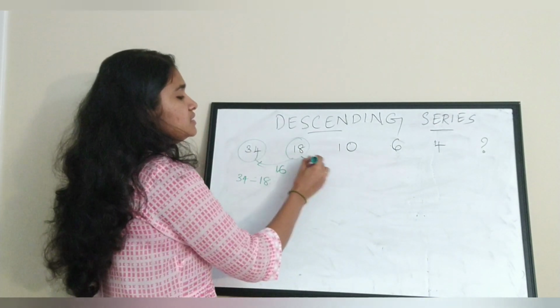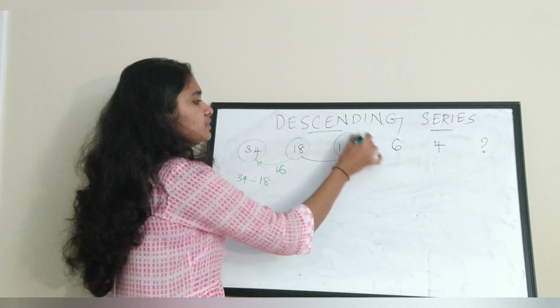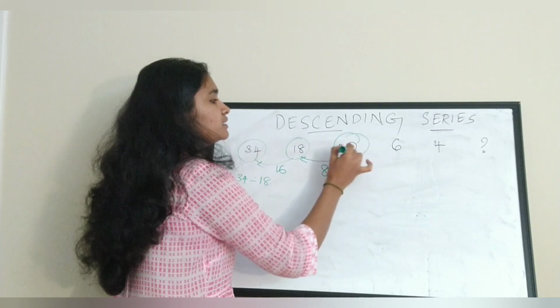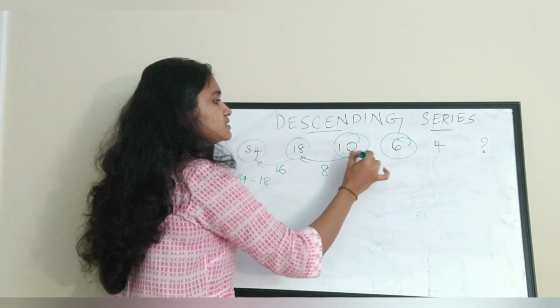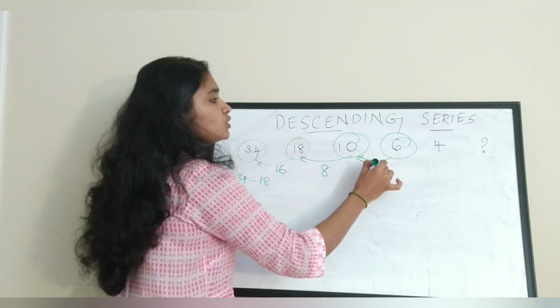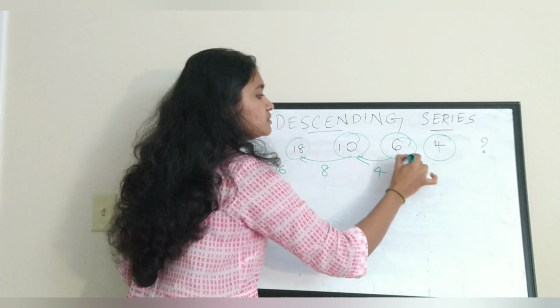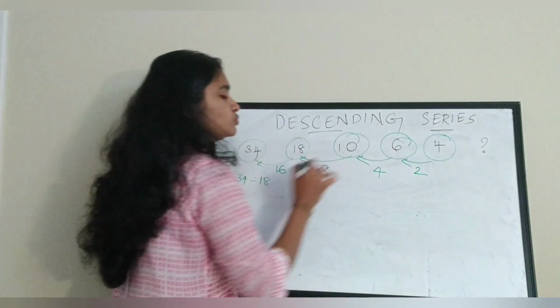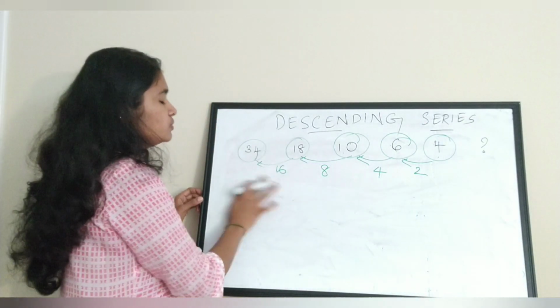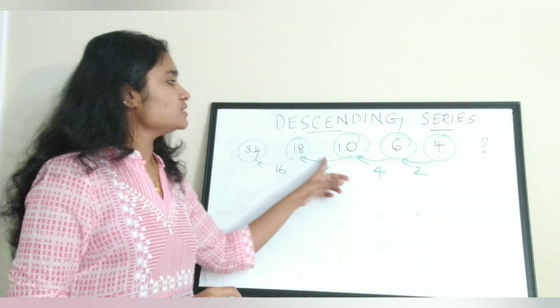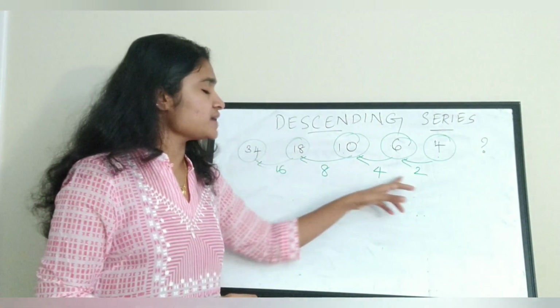Again, 18 minus 10 is 8, and 10 minus 6 is 4. Now 6 minus 4 is 2, right?